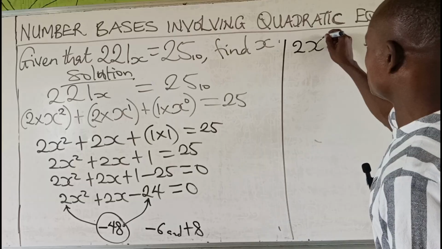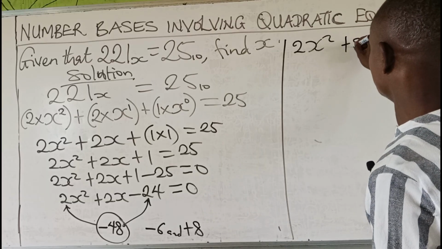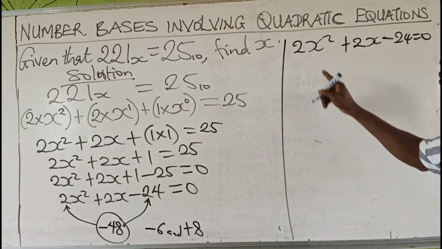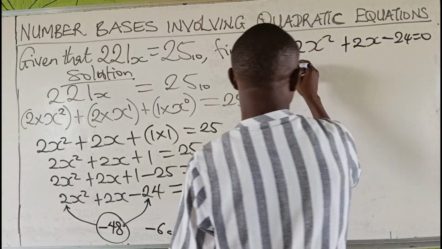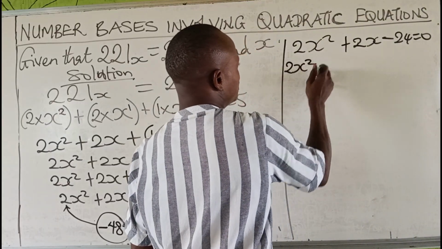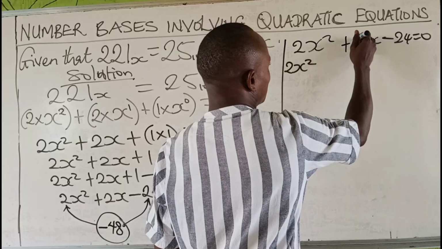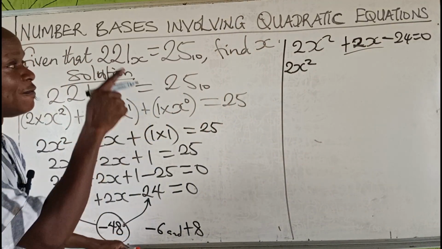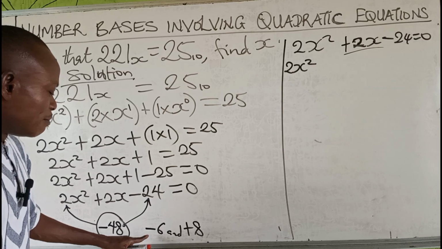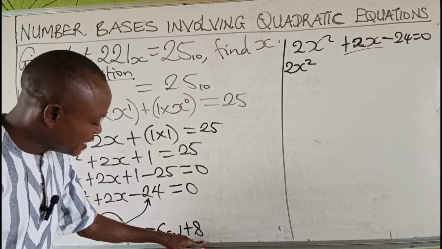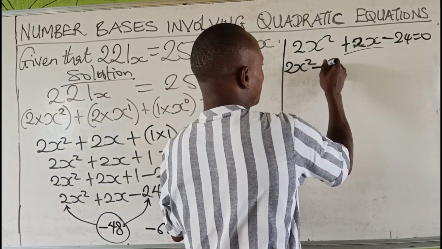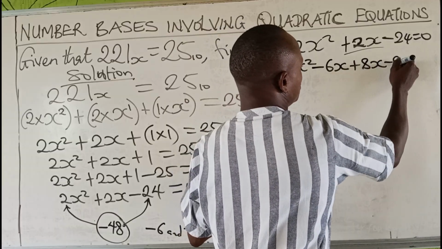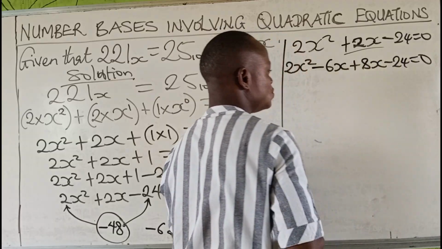Recall we have 2x squared plus 2x minus 24 equal to 0. So that will be 2x squared. We are going to replace our 2x now with these two numbers. So instead of having plus 2x, we'll be having minus 6x plus 8x, then minus 24 equal to 0.